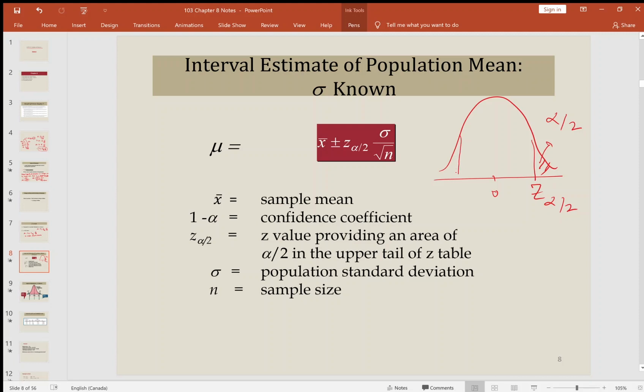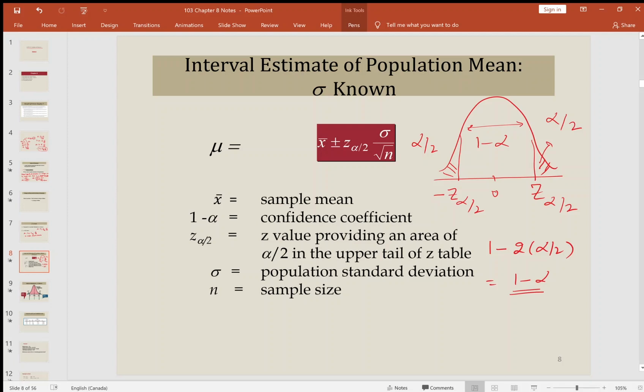Similarly, on the negative side, in the left hand tail, we will have minus z alpha by 2, and this would also be alpha by 2. So the area in the middle is going to be 1 minus alpha. Why? Because the total area is 1, so the area in the middle is 1 minus twice alpha by 2, which equals 1 minus alpha, known as the confidence coefficient.